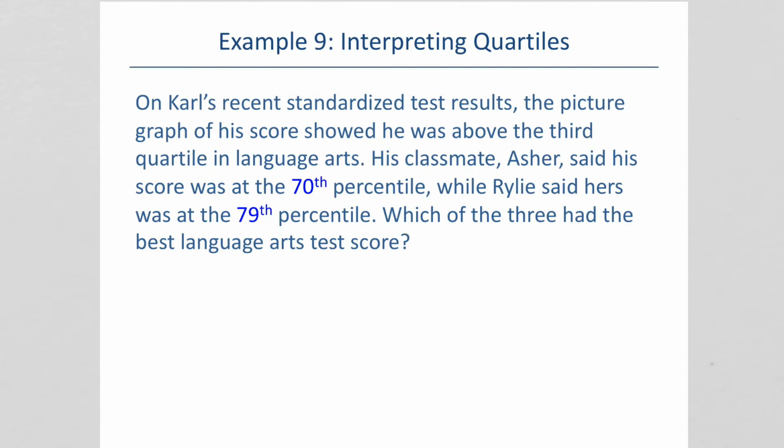So, to put these in perspective, if Carl's was in the third quartile, then he is above the 75th percentile.